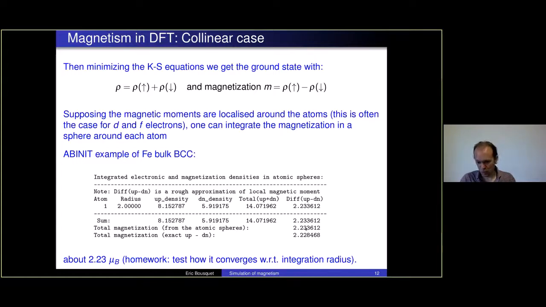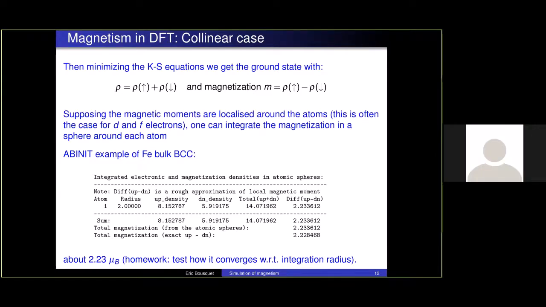And then you can check that indeed the two are very close to each other, and this means that this approximation of integration inside the sphere is valid, at least here for iron. But for those doing DFT calculations for magnetism, always check that this is fulfilled. Otherwise, if you have something more itinerant, then you might be wrong in estimating a local magnetic moment on the atom.